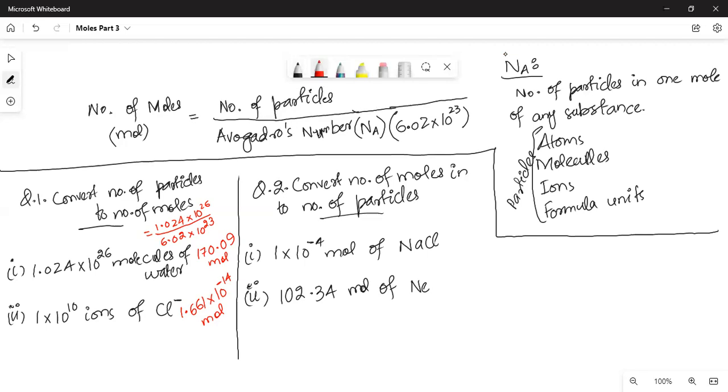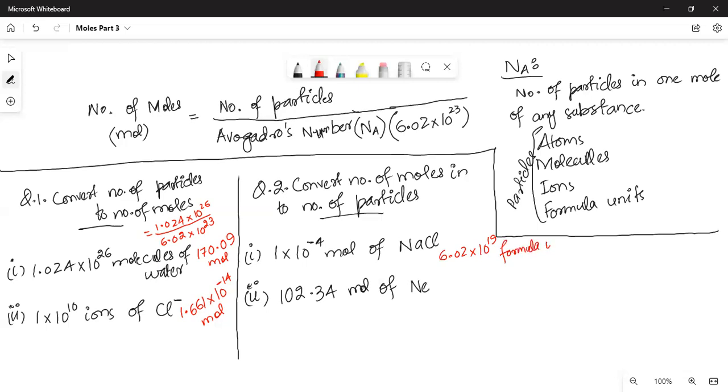Sir, I got the answer for the first part of question 2. Go ahead. It's 6.02 multiplied by 10 raised to power 19. Right. Yes, 6.02 into 10 raised to the power 19 formula units.